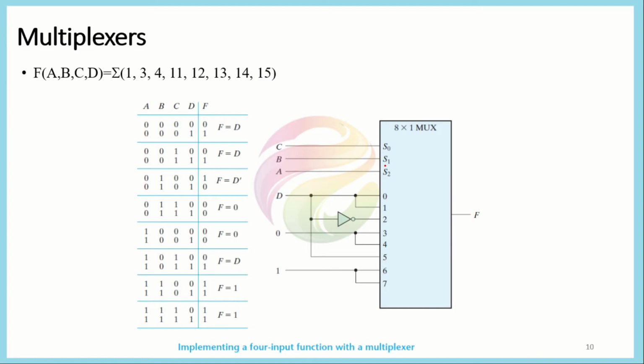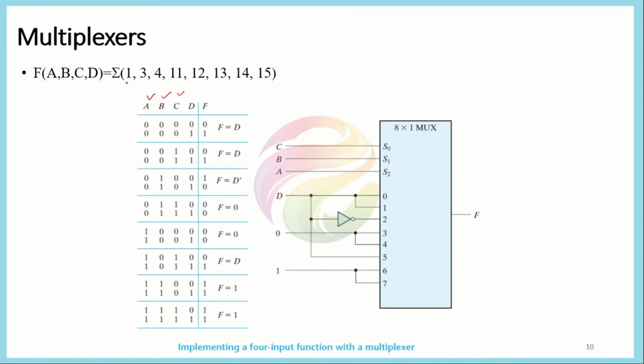So for each combination of the three bits formed using S0, S1 and S2, we can add the other value D as 0 or 1. So if you just consider A, B and C here, representing the selection lines, for any given combination we would have either D equal to 0 or D equal to 1.